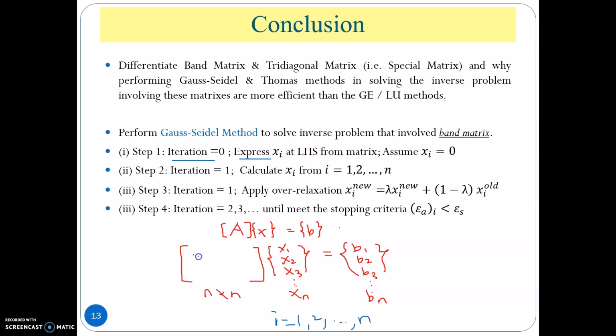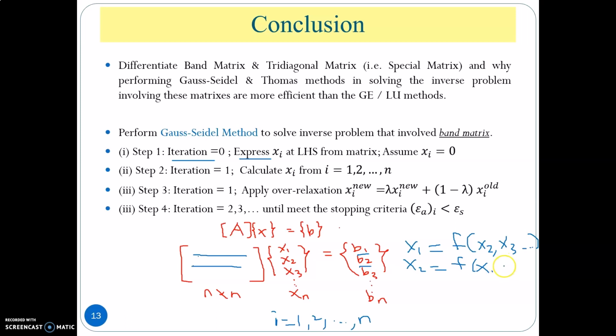From the matrix, in the first row, you can obtain the x1 in the function of x2, x3, and so on until xn. You continue with the second row or the second equation here to find the x2 in the function of x1.